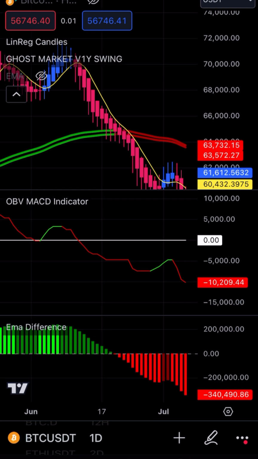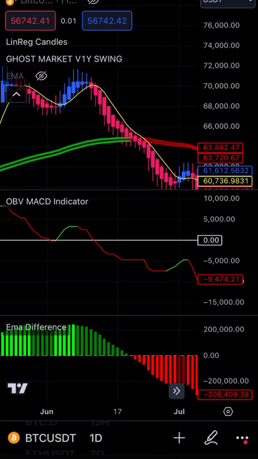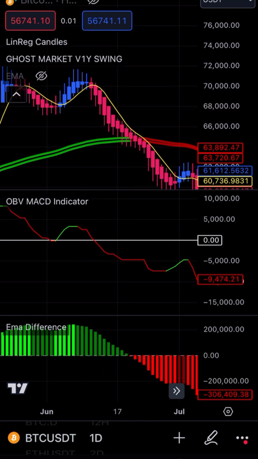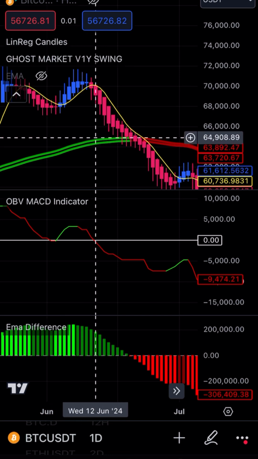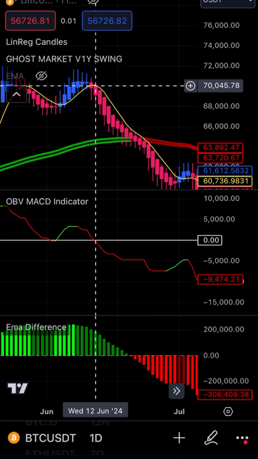Try to look for the linear line crossing through the 9095, and at that moment you can get in your trade. At the same time, you can also use the linear line strategy I've talked about in previous videos, the setup of looking at the linear line and the MACD indicator, which is a lot of what I talked about last week. You want to see if the MACD indicator is crossing down and the linear line is also crossing down.